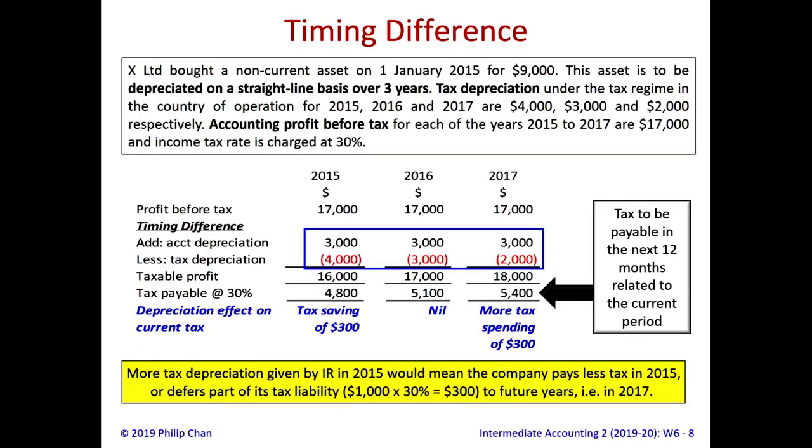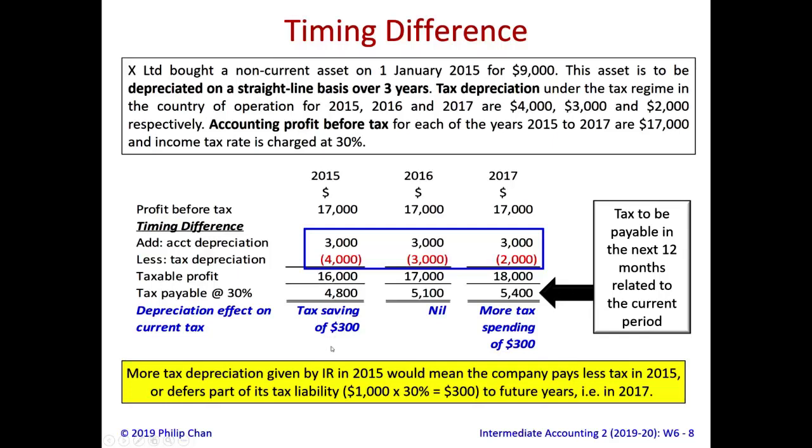Then part of that tax would be deferred to the future year 2017, when the tax depreciation is in fact 1,000 less than the accounting depreciation. That means the taxable profit would be 1,000 higher than the accounting one. So you would have to pay more tax, and the figure is exactly the same magnitude as your tax saving in the year 2015.